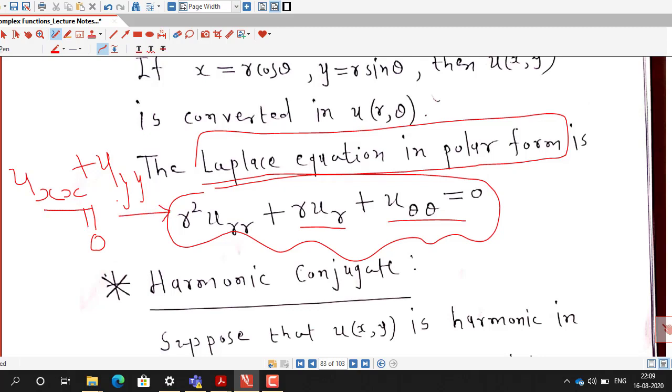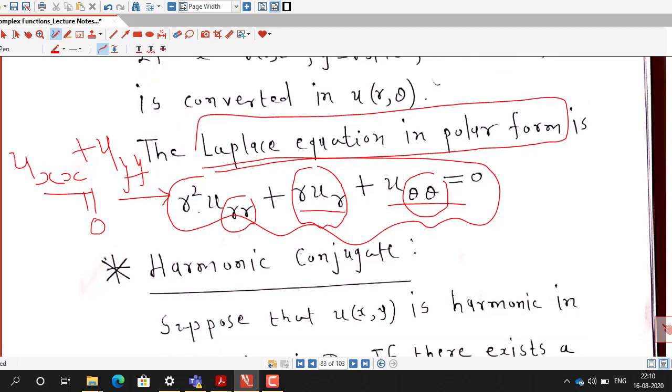Here we also have second order derivatives with respect to r and theta, but there is an extra derivative del u by del r which is multiplied with r, and the second derivative with respect to r is multiplied with r square. So you can remember it in this way.